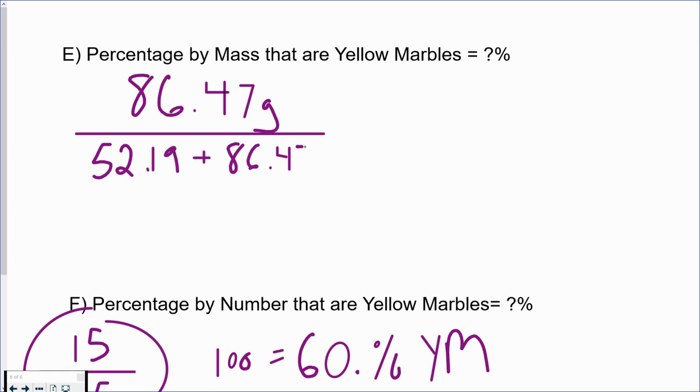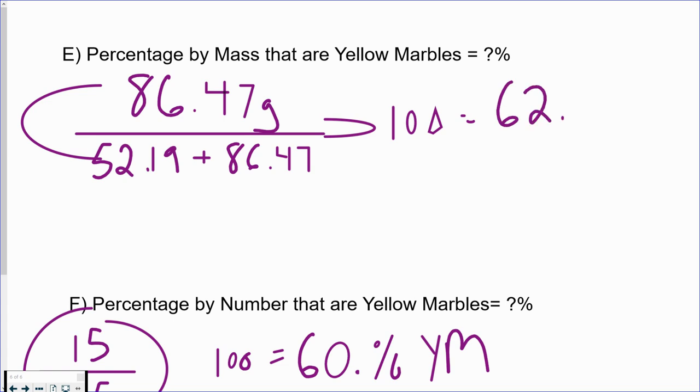Remember, a percentage is the part over the whole times 100, and plug it into your calculator. Make sure you put parentheses when you need them, and you should get 62.36%. And again, that is of yellow marbles.